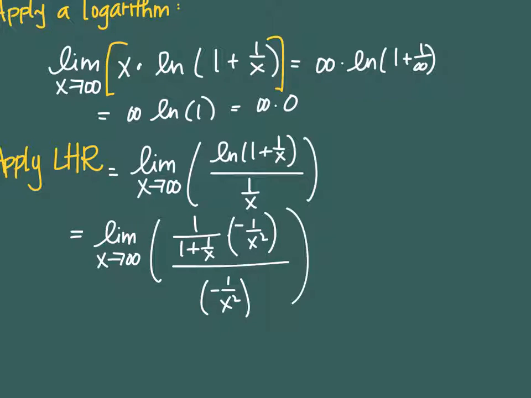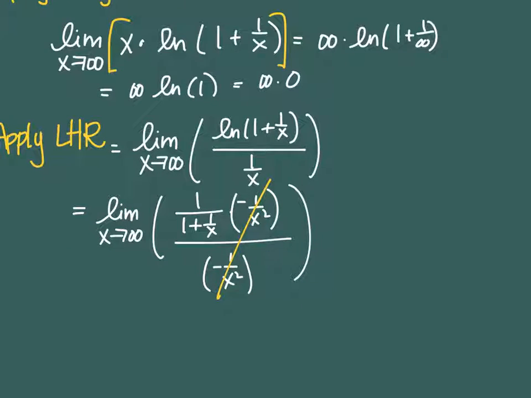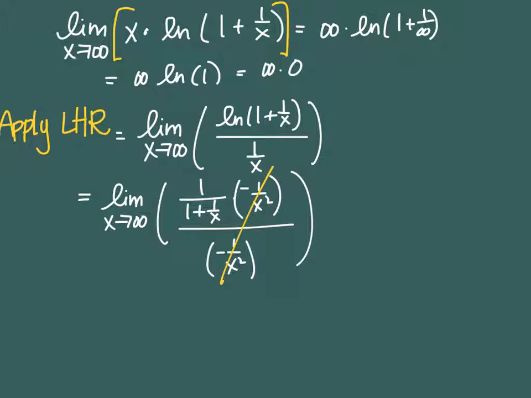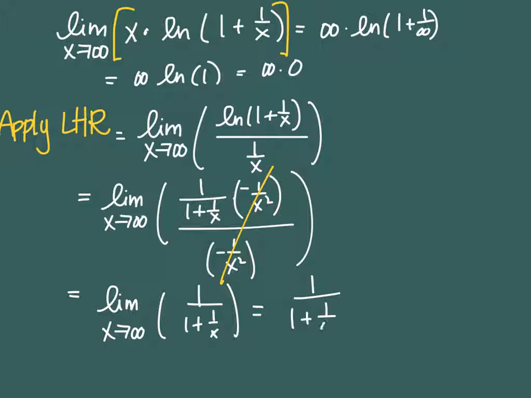So conveniently for us, the negative 1 over x squareds are going to reduce. So we are left with the limit as x approaches infinity of 1 over 1 plus 1 over x. So that's 1 over 1 plus 1 over infinity, which is 1 over 1 plus 0, which is 1.